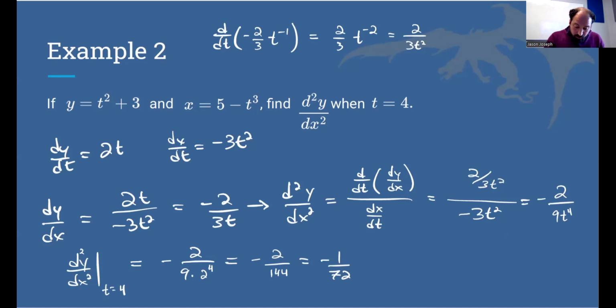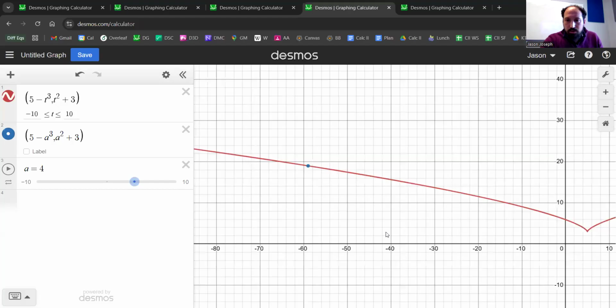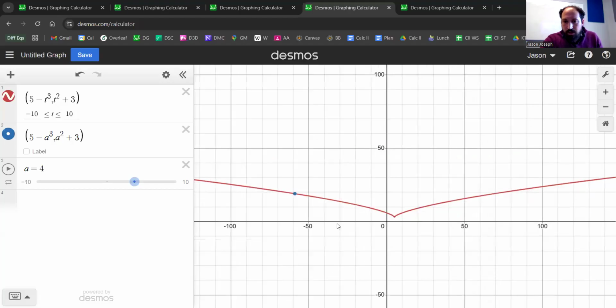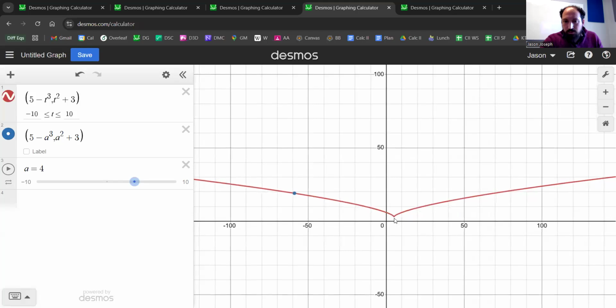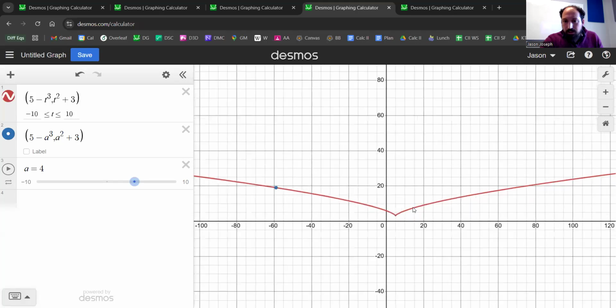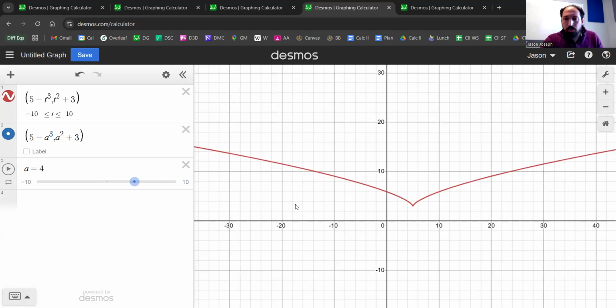So why do we care? What does this mean? Notice that no matter what t is, this is negative, right? Because t to the fourth is greater than or equal to 0. So let's look at the graph real quick. Here's the graph, and you can see, except at this one point where dy dx does not exist, this is concave down.